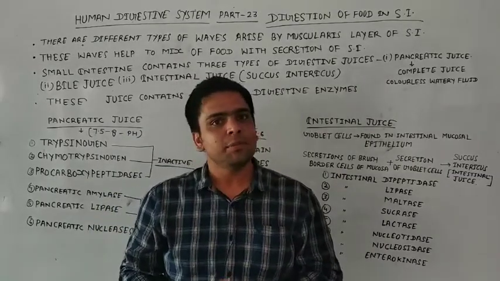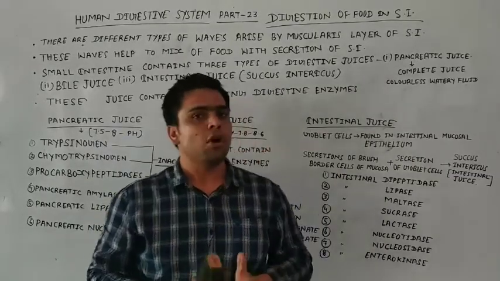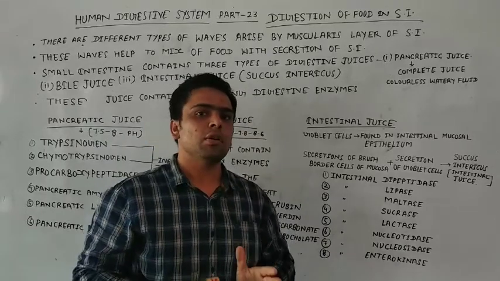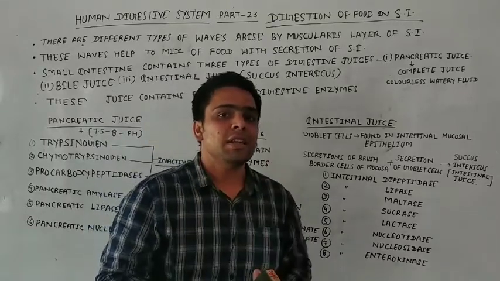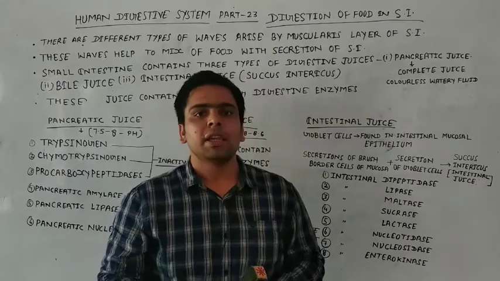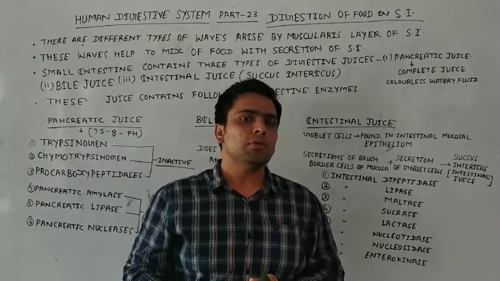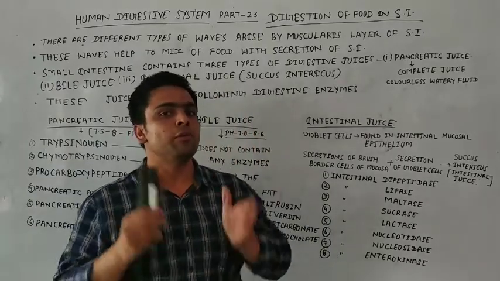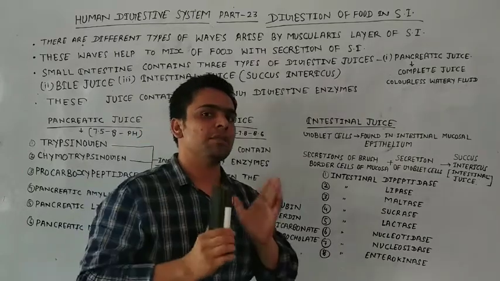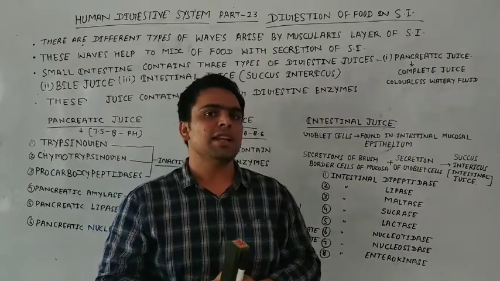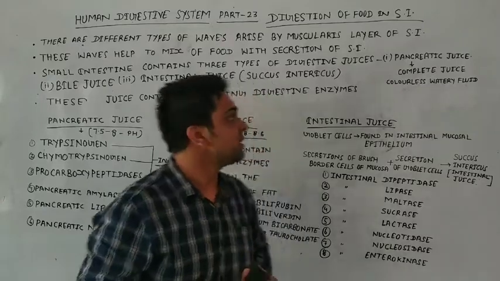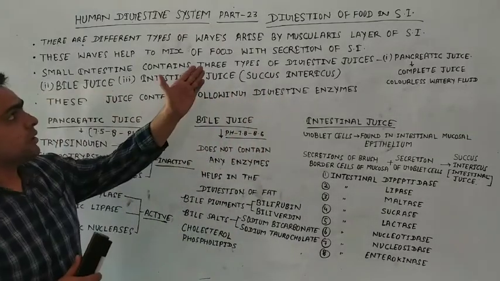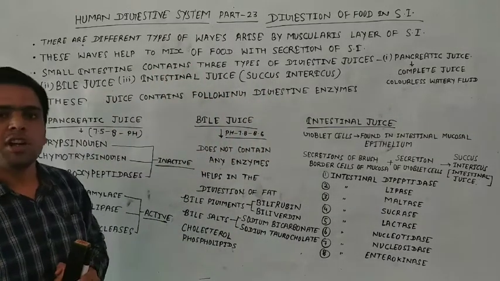As in the previous video, we talked about digestion in the stomach. In this sequence, today we will discuss how food gets digested in our small intestine. So students, without delaying, let's start. The topic is digestion of food in small intestine.